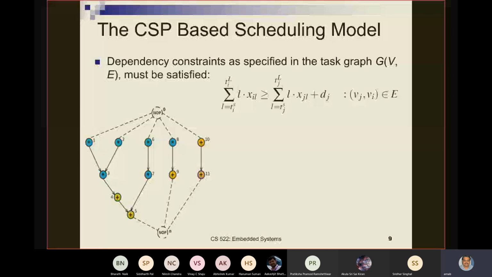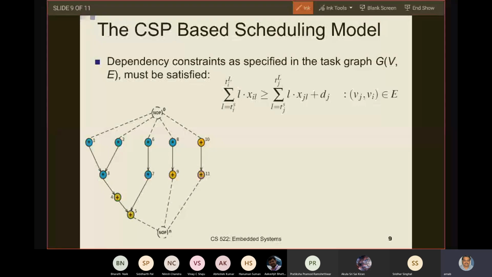These directed edges represent dependencies. In my task graph, suppose I have drawn this line between 10 and 11. That means there is a dependency between 10 and 11, which means that 11 must start after 10 completes, possibly because the output of 10 will go to 11.